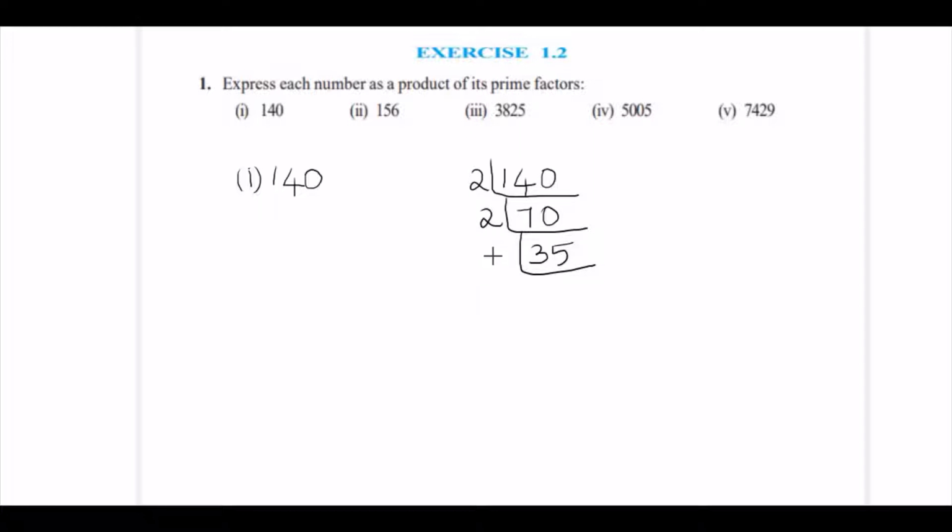Now 2 will not go, so check with 3. 3 also won't go, so the next prime number is 5. 5 goes in 35 7 times, then 7 once. So 140 can be expressed as the product of its primes: 2 twice, so 2 square into 5 into 7.